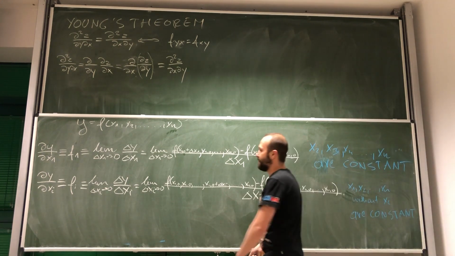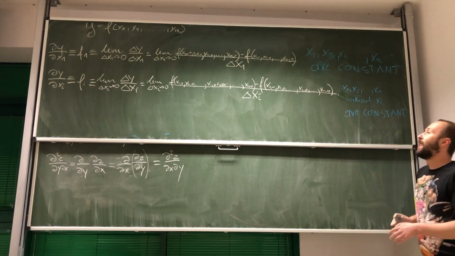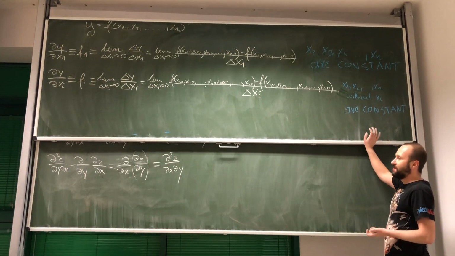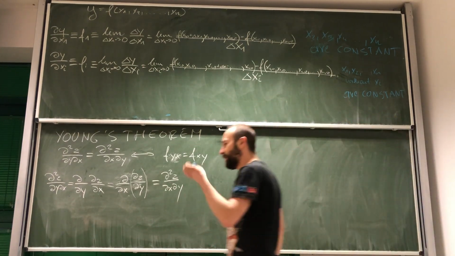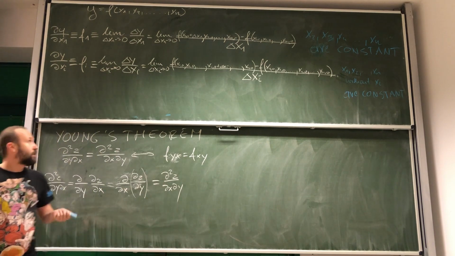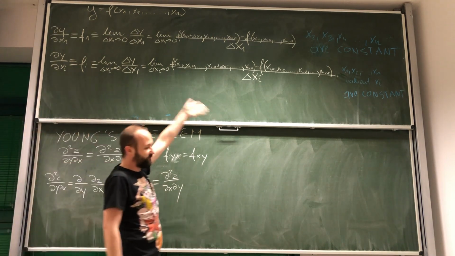Okay, now how about second derivatives? Look, again, we can calculate second derivatives in exactly the same fashion. What does it mean? Now I can take first derivative and differentiate it with respect to x1, x2, x3, x4 until xn.